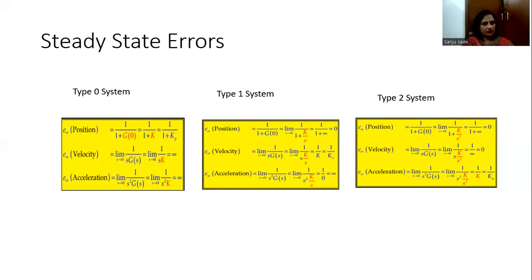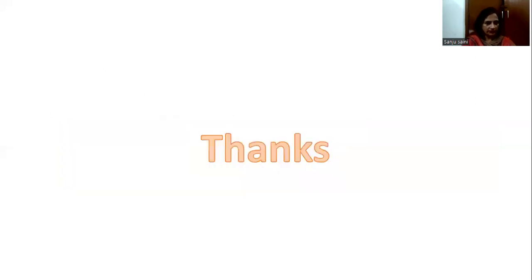But this is not a solution, because if these gains or the error constants are kept at a very high value, then they may result in oscillations within the system, thereby making the system response oscillatory, and the system may become unstable. So we have to make a balance between the steady state error to be achieved and the overall gain of the system.